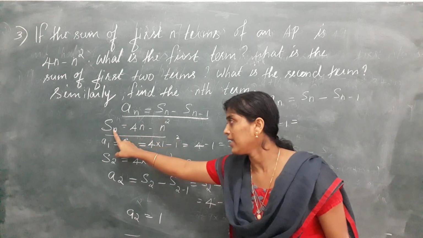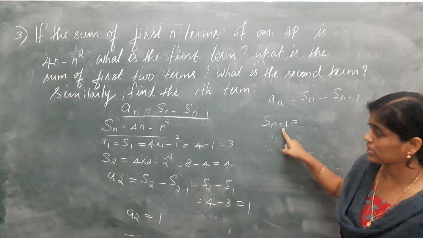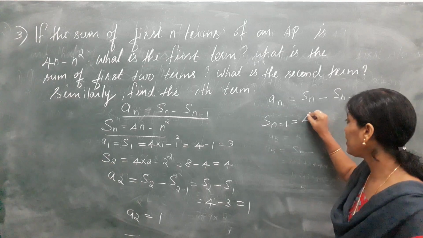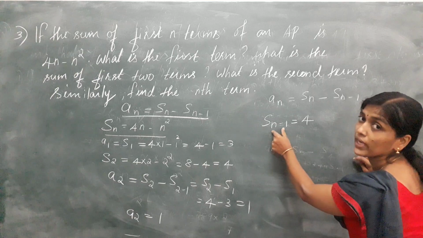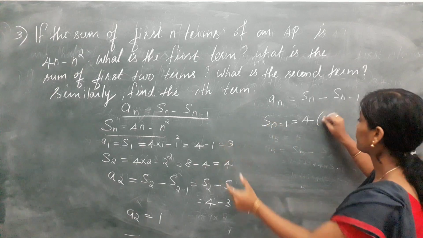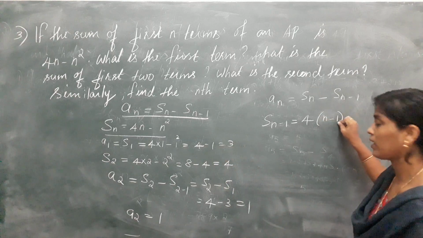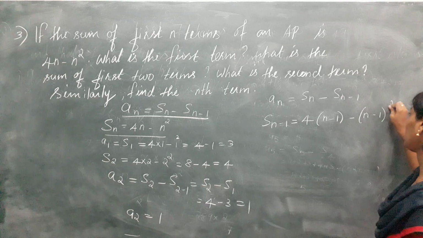When you give n as n minus 1, you will get Sn minus 1. So instead of n, we give n minus 1 to get Sn minus 1: 4 into n minus 1, minus n minus 1 whole square.